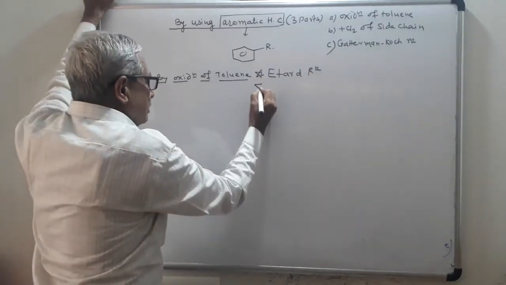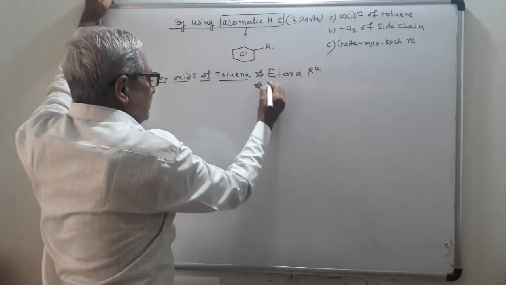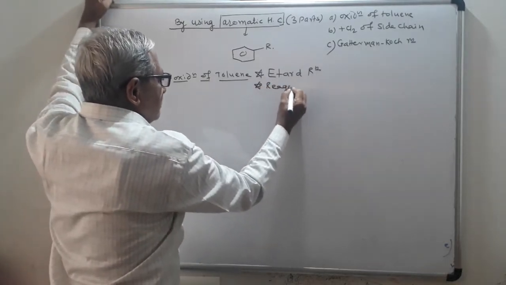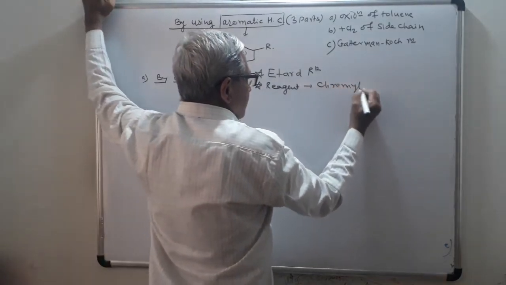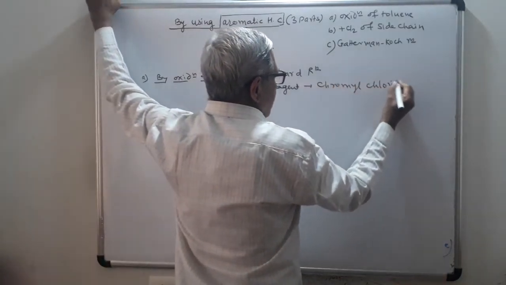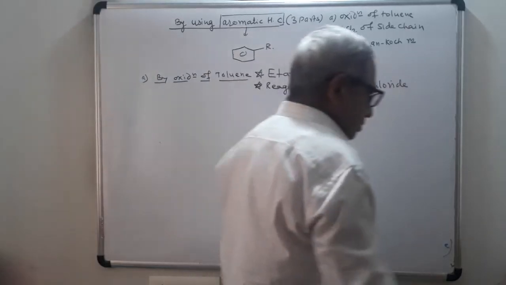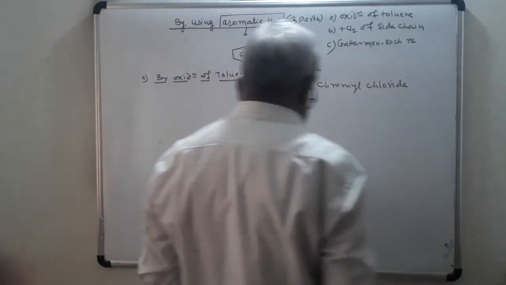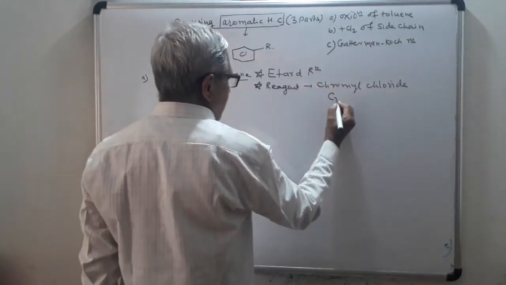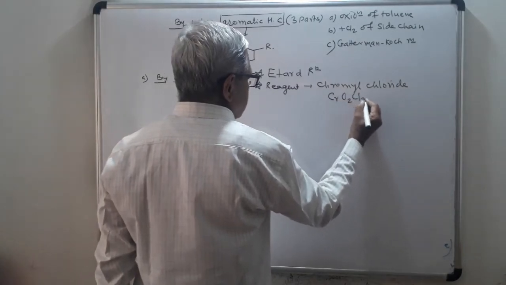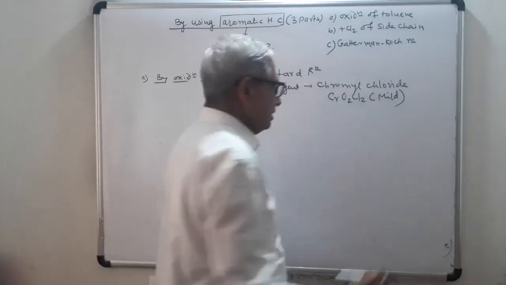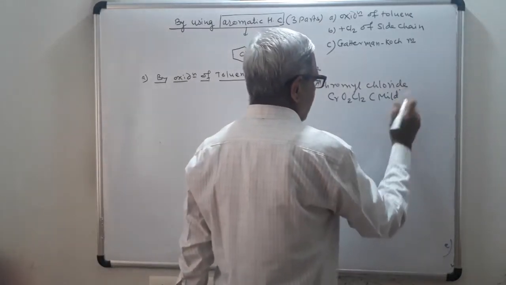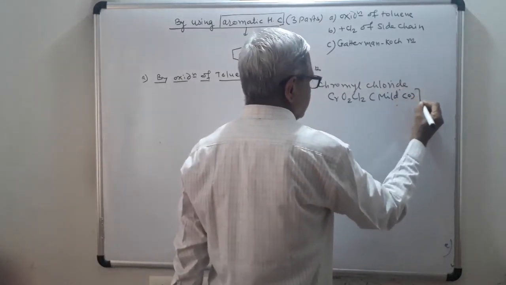Second important question: the reagent used for the oxidation of toluene is chromyl chloride. The formula for chromyl chloride is CrO2Cl2. This is a mild oxidizing agent.